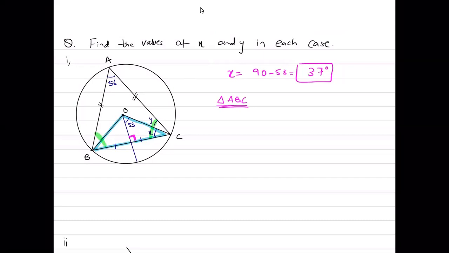Would you agree with that? Yes. If it's an isosceles triangle, then angle C must be equal to angle B. So angle C is x plus y. So angle B is also x plus y. So 2 times x plus y, plus 56, should be equal to 180. You already have the value of x as 37.